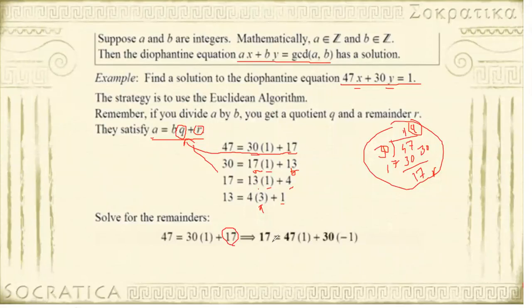So 17 is equal to 47 into 1 plus 30 into minus 1, right? Obviously, if we are taking it to this side, accordingly 47 plus 30 into minus 1, it means minus 30. Accordingly, we have to write this equation, right?